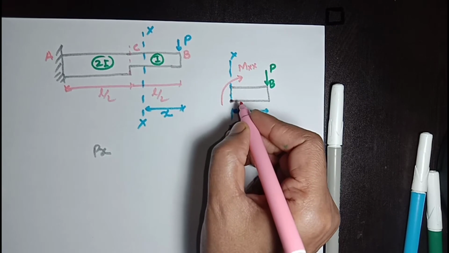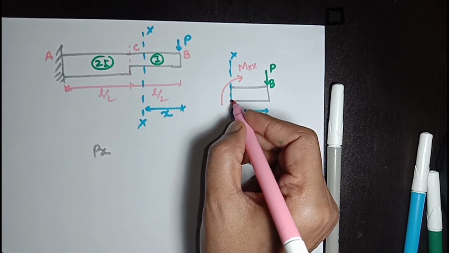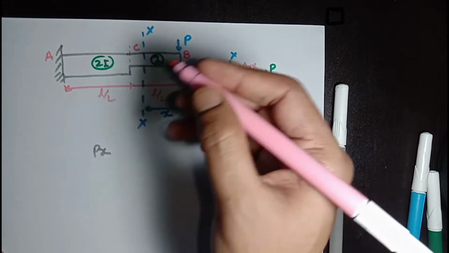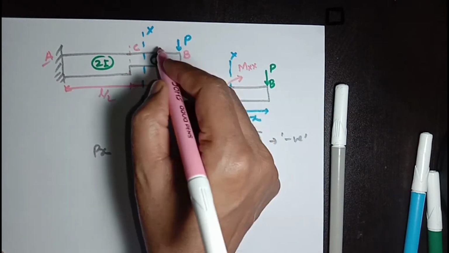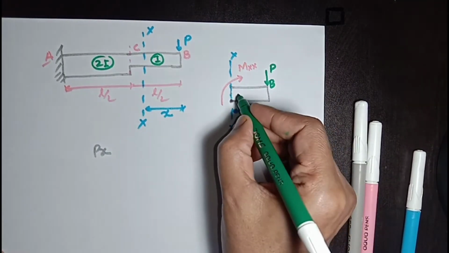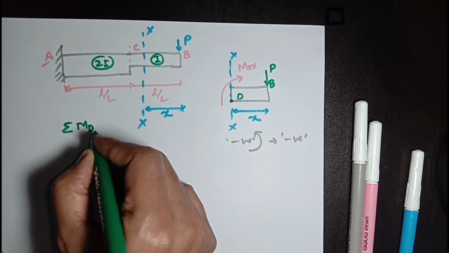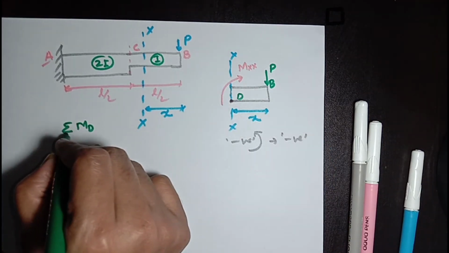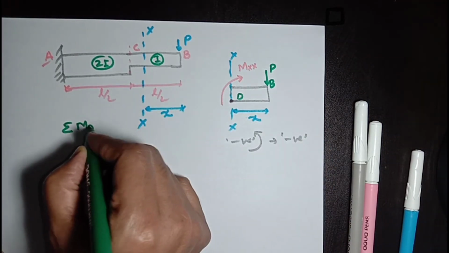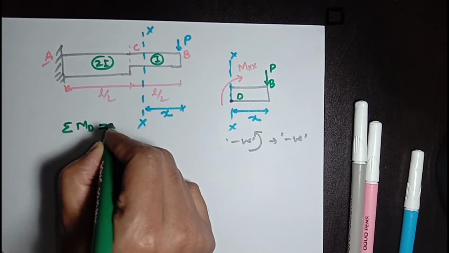At this point the sum of all moments about this point will be 0. Let's say here we have taken points A, B and C. Let's take this point as D. So the summation of all moments about point D, which is designated as MD, will be 0.